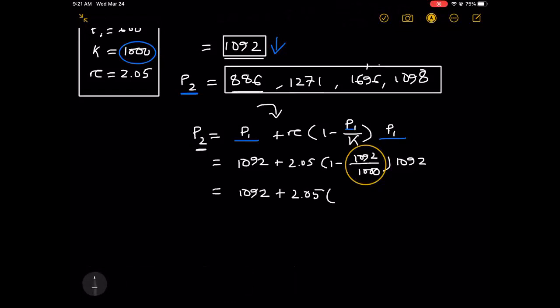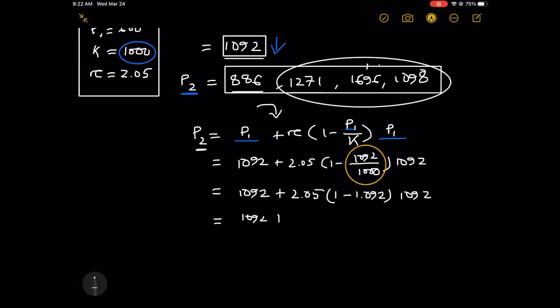Those who had these three values, you can answer now. What's 1,092 over 1,000? 1.092. Okay. And now, what's the value if we subtract it from 1? 0.092.